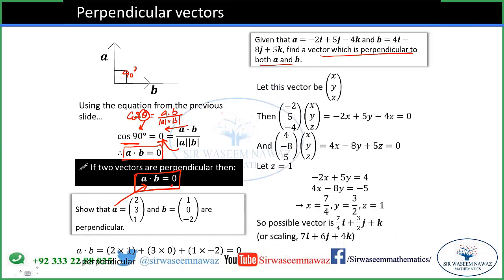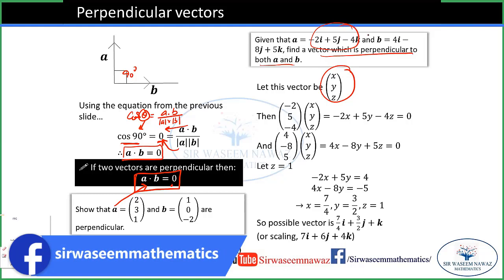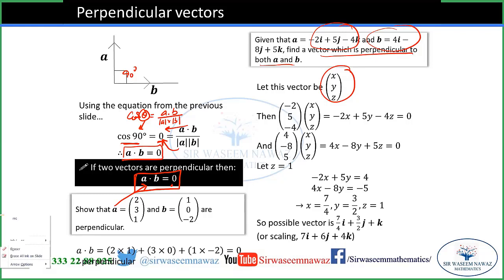We start by supposing that we have a vector x, y, z which is perpendicular to the vector A as well as the vector B. Since this vector is perpendicular to both, the dot product with each must be equal to 0.